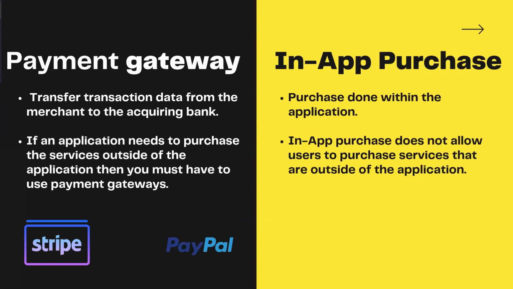There are multiple differences, but I'll try to explain the main one briefly. An in-app purchase is made within the mobile application without any redirection to a third-party page. Inside the application, we can do the transactions and apply offers and so on.